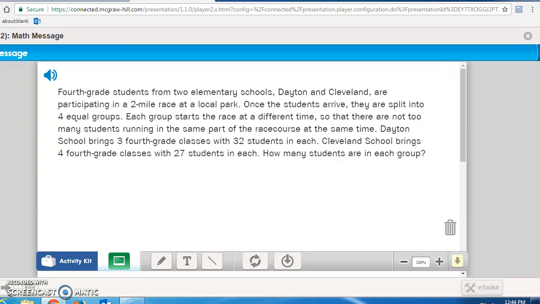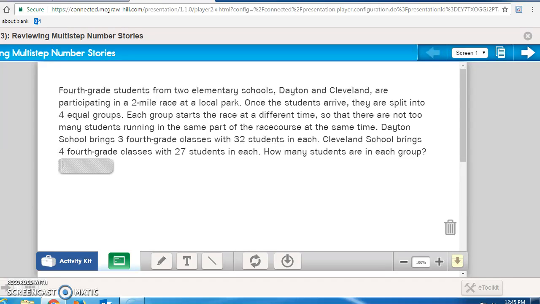Each group starts the race at a different time, so that there are not too many students running in the same part of the race course at the same time. Dayton School brings 3 4th grade classes with 32 students in each. Cleveland School brings 4 4th grade classes with 27 students each. How many students are in each group?